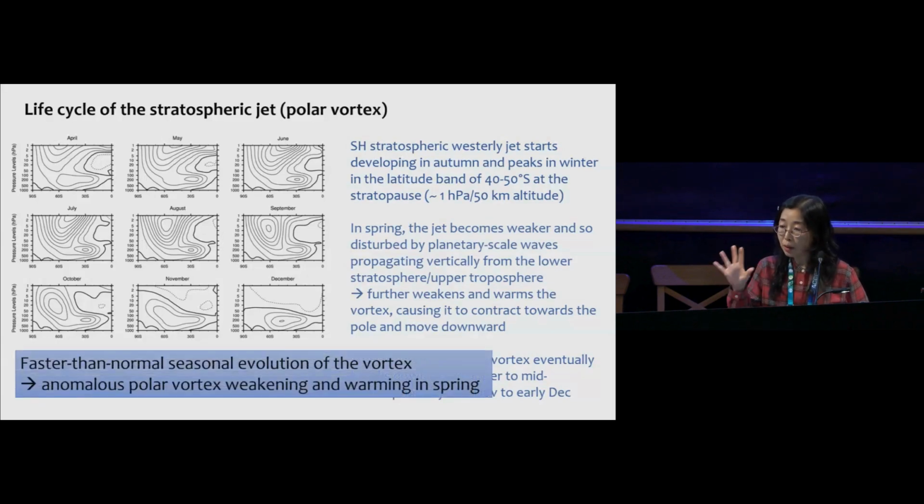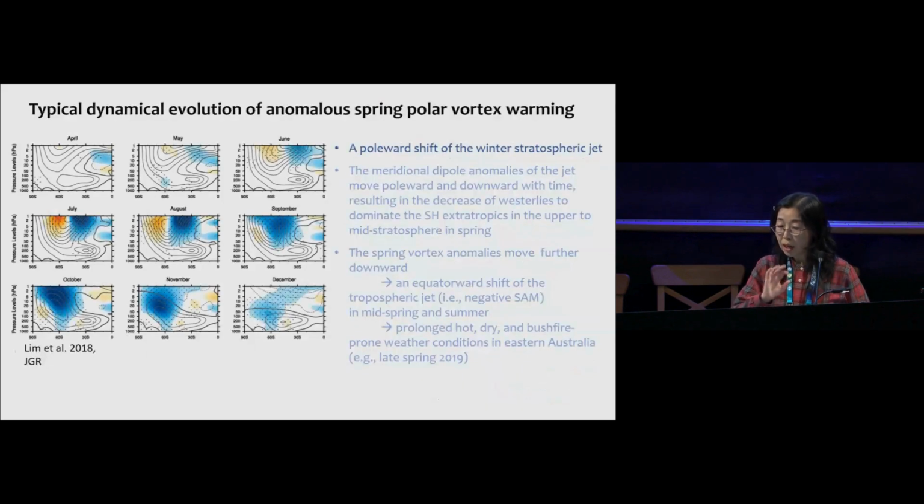When this seasonal evolution of the vortex happens faster than normal, we have anomalous polar vortex weakening and warming in our spring season. A typical dynamical evolution of anomalous springtime polar vortex weakening and warming often starts with a poleward shift of the winter stratospheric jet, with increased westerlies on the pole side and decreased westerlies on the equatorward side of the stratospheric winter jet.